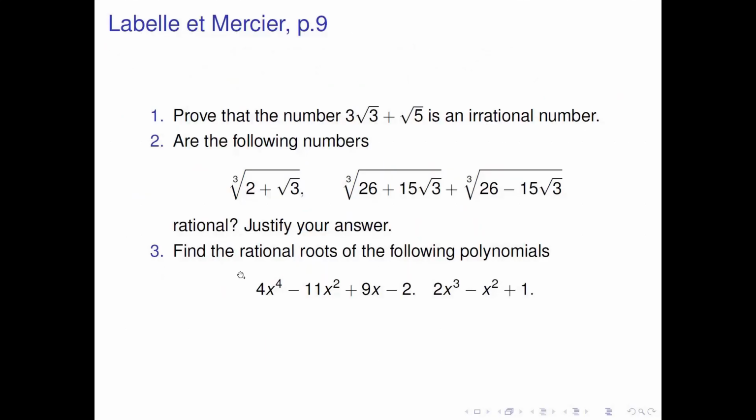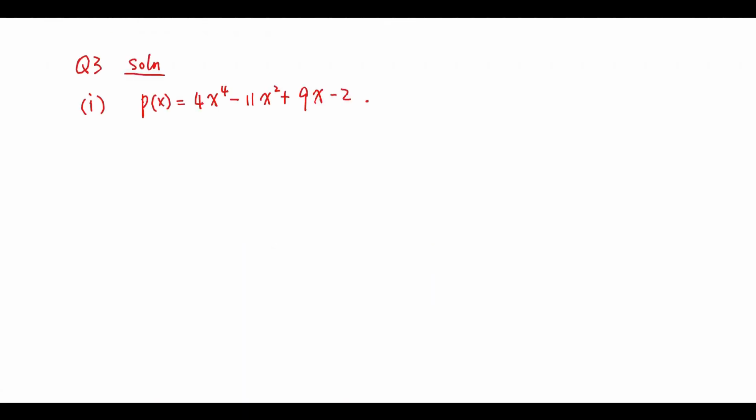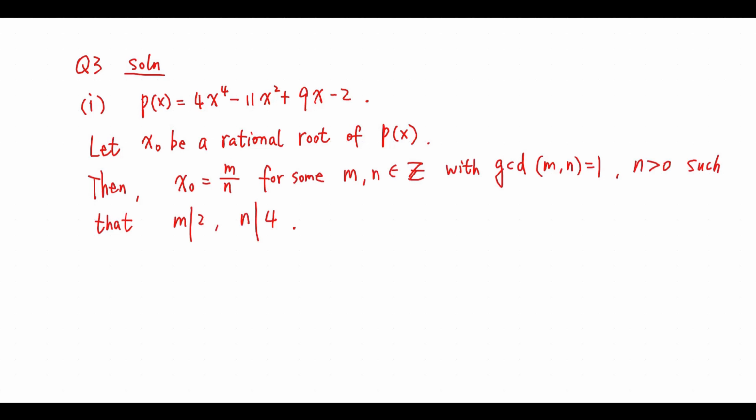Question 3. Find the rational roots of the following polynomials. Solution. Consider this polynomial. Let x0 be a rational root of P(x). Then x0 equals m over n for some integers m and n with the greatest common divisor of m and n equal to 1 and n greater than 0, such that m divides 2 and n divides 4.